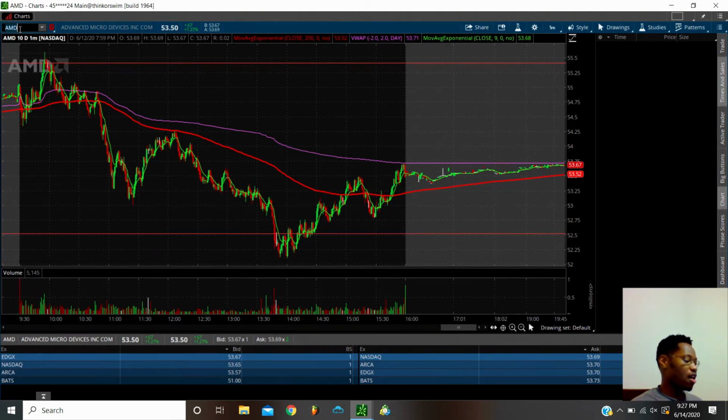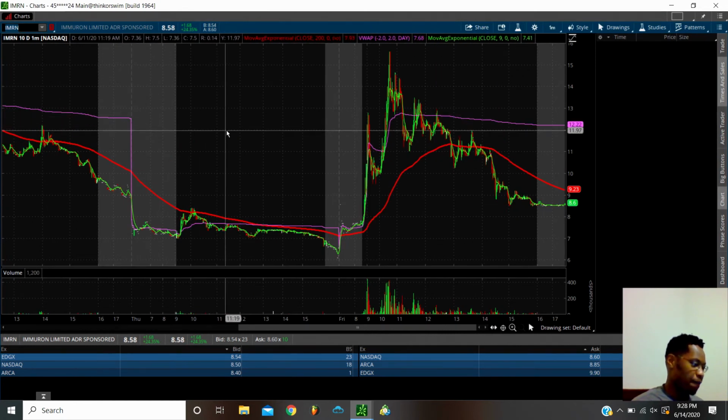Also, these are high float, which means this stock has a lot of shares outstanding. I think it's about 1 billion shares outstanding on this stock. You take other stocks like IMRN that are low float, which means they have a smaller amount of shares available for trading.